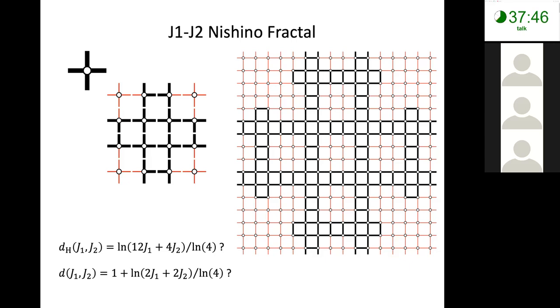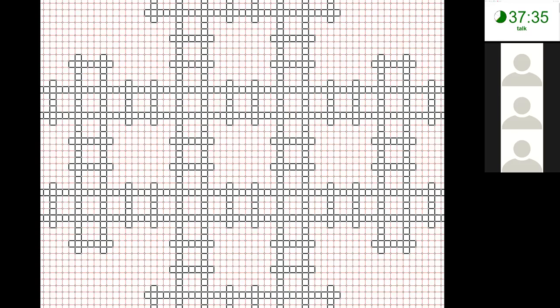This is the third iteration of this extension procedure. Similarly, we can also construct in this way a J1, J2 Sierpinski carpet, or even this exotic J1, J2 labyrinth fractal.